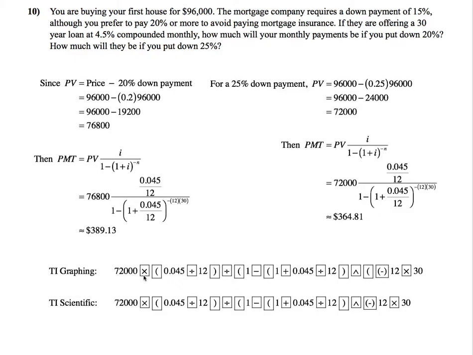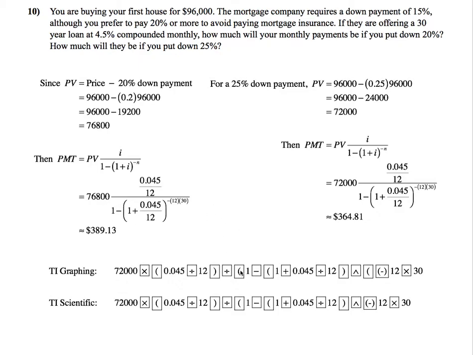I type in 72,000 times a left parenthesis for my numerator, and it's 0.045 divided by 12, and you close your parentheses, and then enter divide. If you already calculated this ahead of time, you wouldn't need these parentheses, but you would need these. You would need parentheses for your denominator.